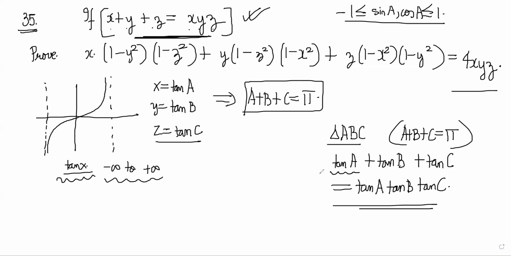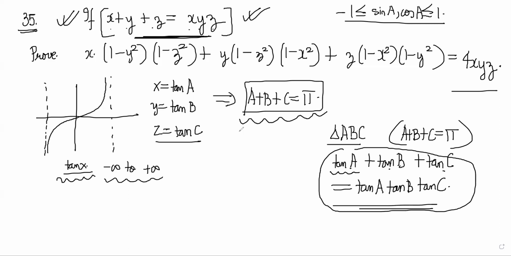Yes, sir. Because if this result is true, then the angles must have been part of a triangle, right? Yes, sir. So what we are going to do in this question is just substitute. There is no restriction required on XYZ. So we can say XYZ is tan A, tan B, tan C, where A, B, C are unknown. But because of this condition, we have realized that A plus B plus C is pi, right?